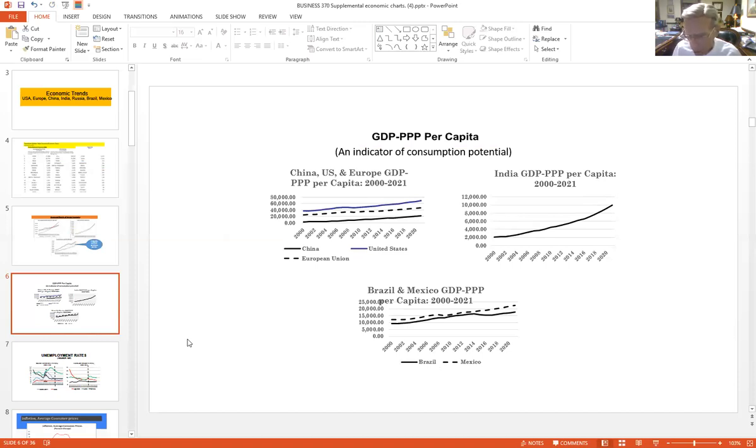And again, you can see Brazil and Mexico. We put Brazil and Mexico on these charts because, again, Mexico is right across the border and a fairly large economy. Also, Brazil, simply because for a long time, it's been the most advanced intellectually and economically of the South American countries.